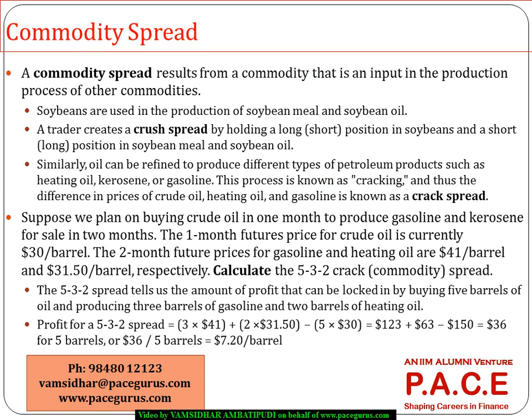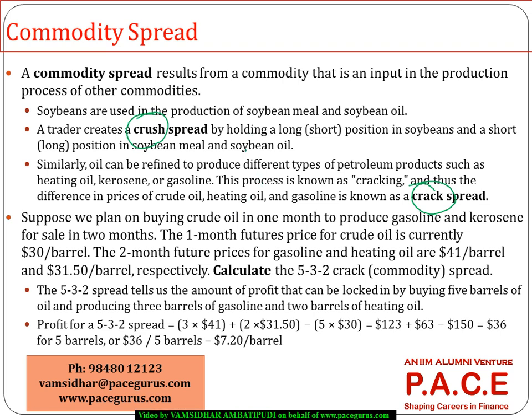Yeah, one interesting numerical that comes out with respect to these commodities is that there are two types of spread being discussed in this chapter. One is called a crush spread, one is called a crack spread.